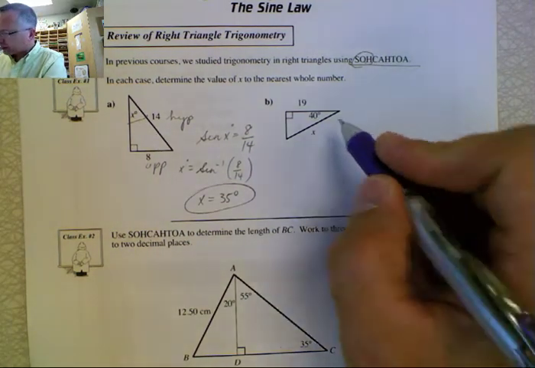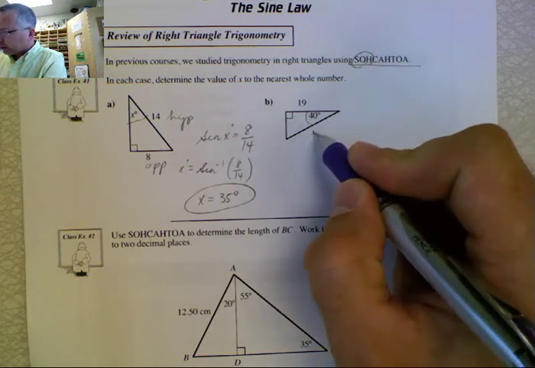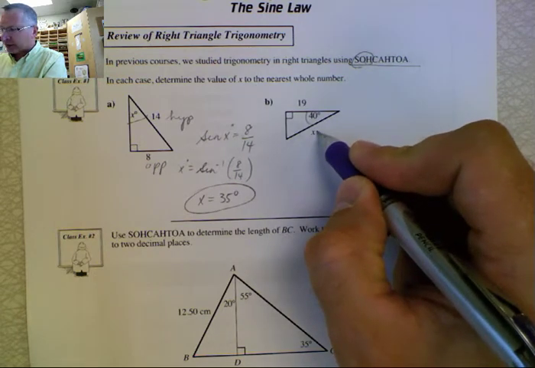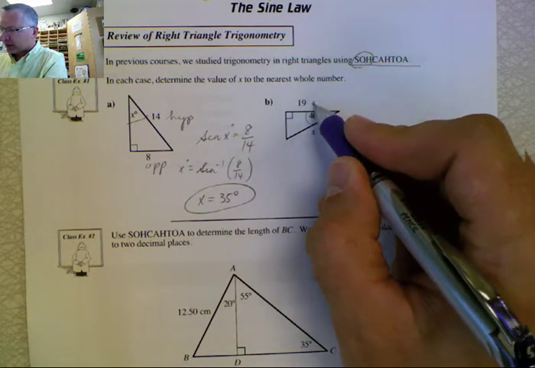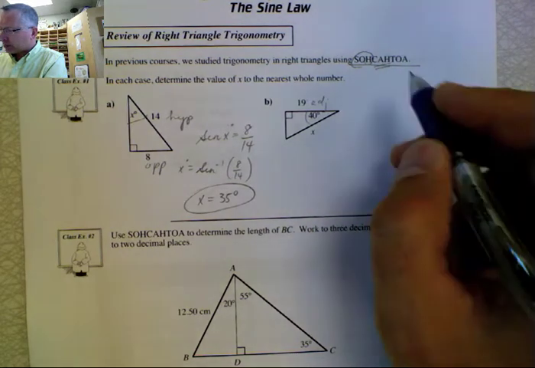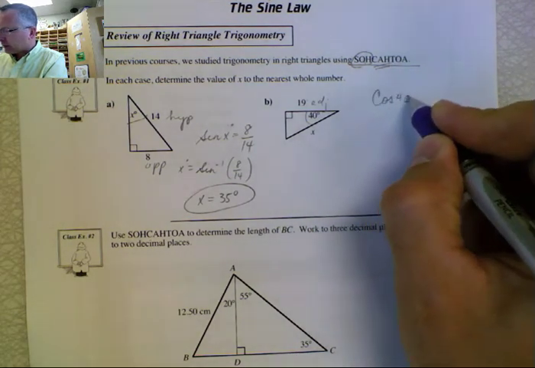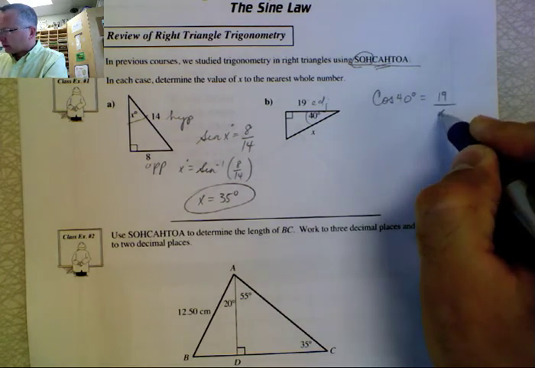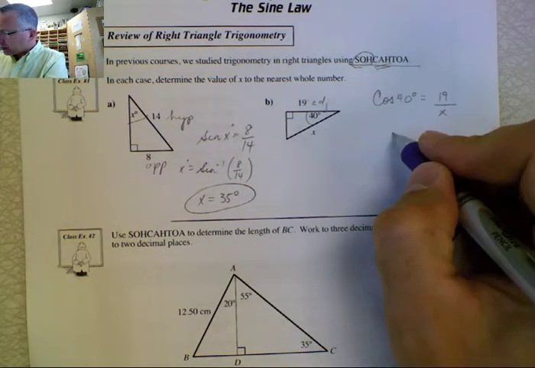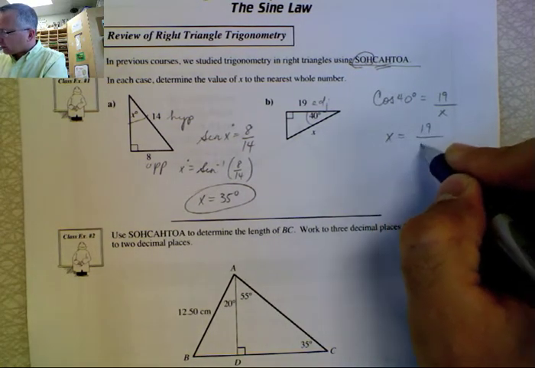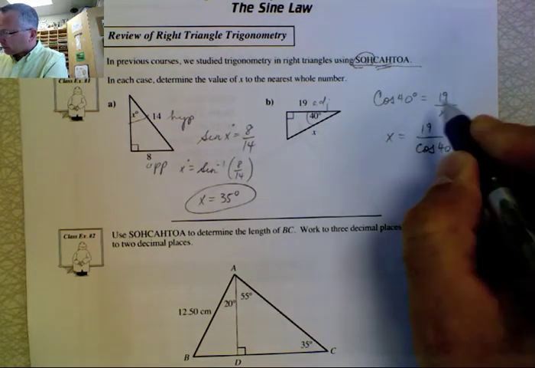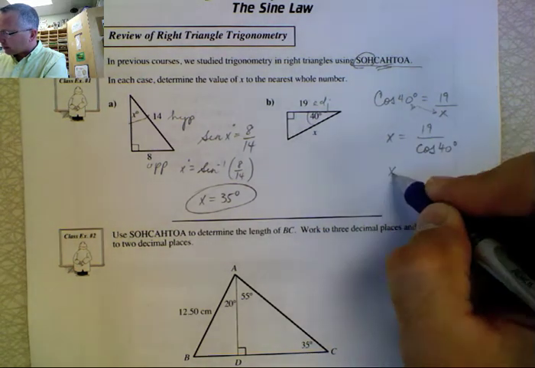In this question, they tell us the angle. We don't know the hypotenuse, but we know the adjacent side. So adjacent and hypotenuse is cosine. So the cosine of 40 equals 19 over x. To solve for x, we have to take 19 divided by the cos of 40. We just switch the position of these.